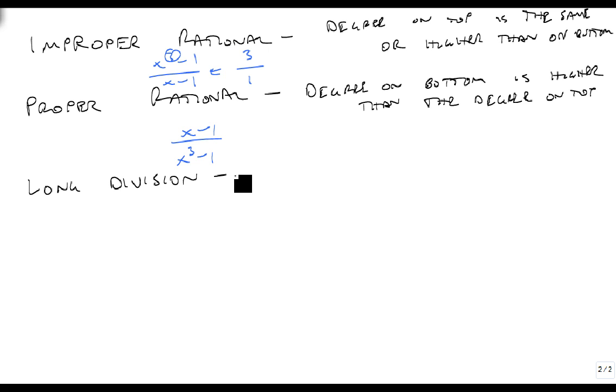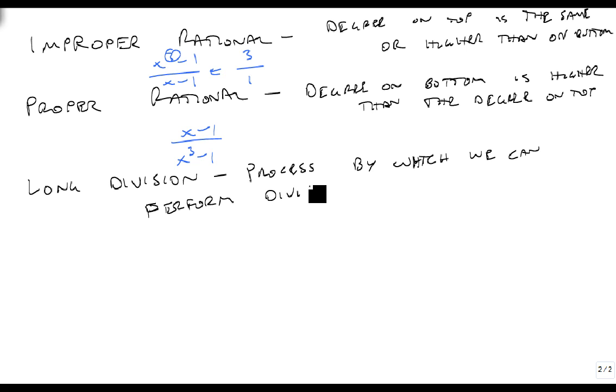And long division is a process by which we can find or perform division. It's similar to long division of numbers, but instead of doing it with numbers, we're doing it with polynomials. And we'll see this as we keep going through this section. We'll see our long division.